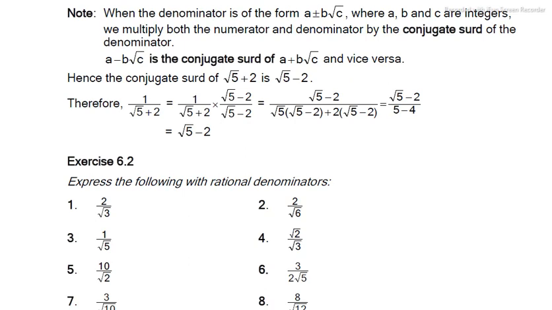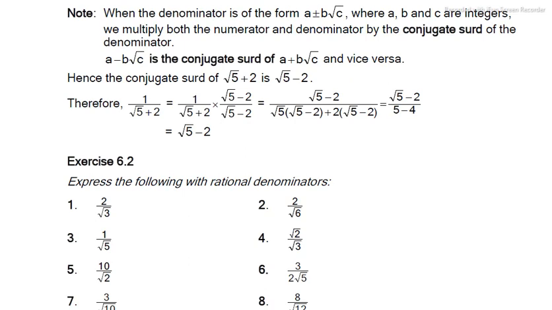For the numerator, since it is 1 times any number, we get the very number. So we shall remain with root 5 minus 2 as our numerator. Then the denominator, since we have two expressions or two brackets, that is root 5 plus 2 and root 5 minus 2.